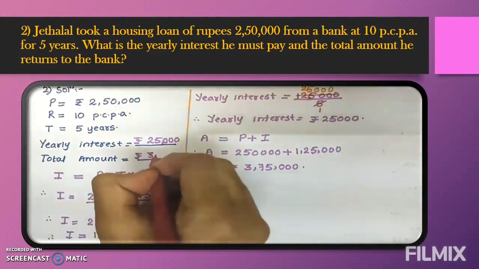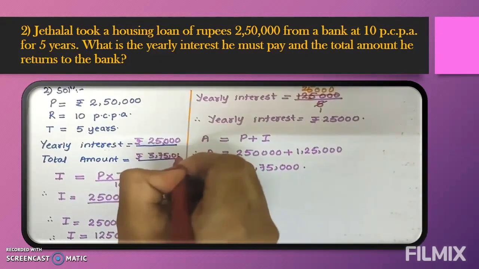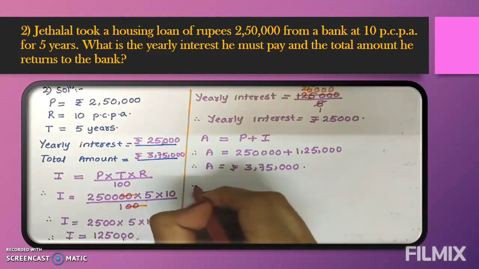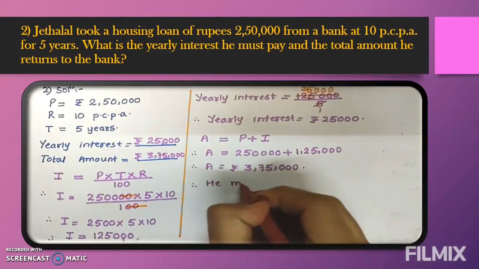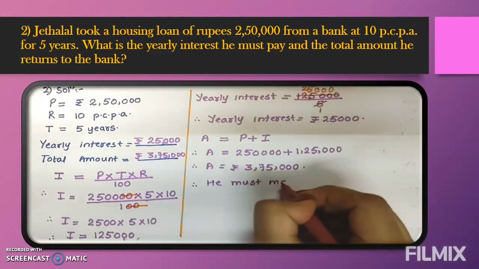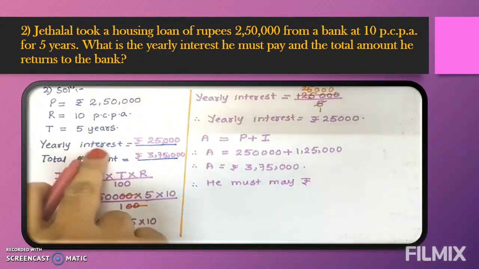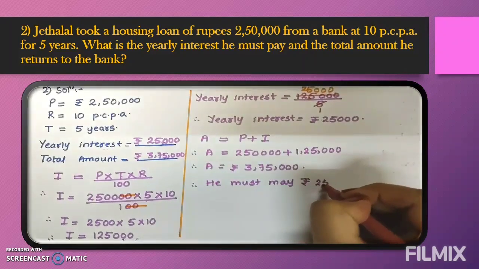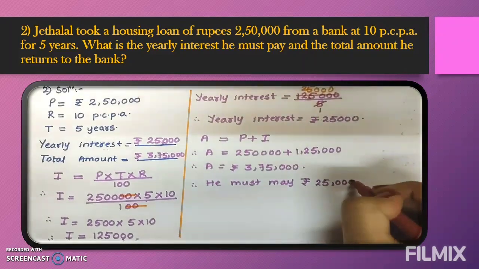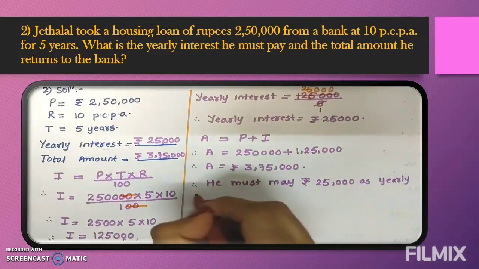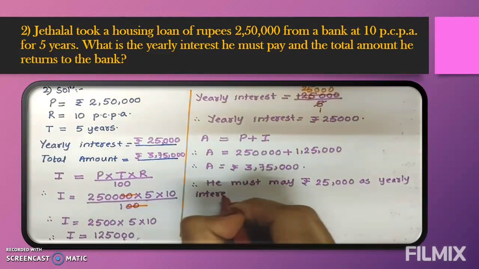So what is the answer here? We will write rupees 3,75,000. What they are asking at last, what is the yearly interest he must pay? So for this we will write, therefore he must pay rupees, how much he is paying yearly? 25,000 as yearly interest.